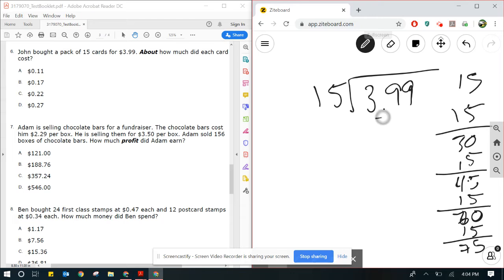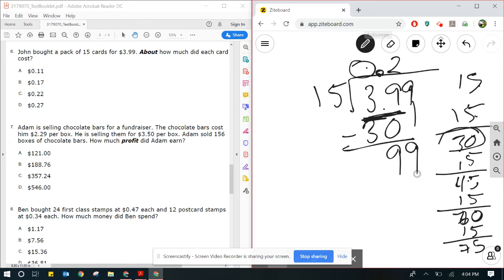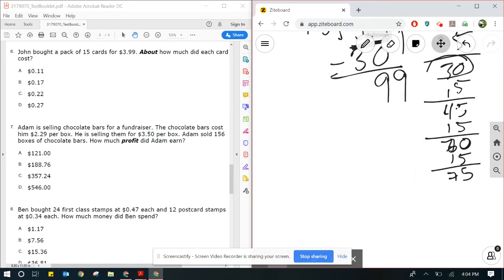I'm going to stop. Does 15 go into 3? No. Remember my decimal place. Does 15 go into 39? Yes, it goes in 2 times right here. So it's 2, and there are 1, 2 15s, so my answer is 30. I subtract, I get 9. I drop my next digit, which is a 9. I keep counting 15s, and that is 90.